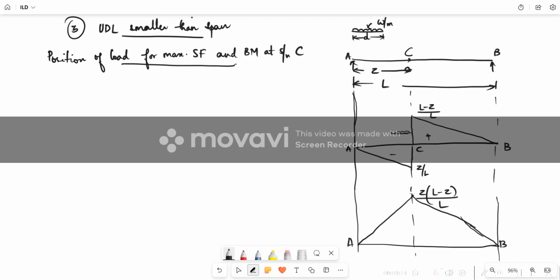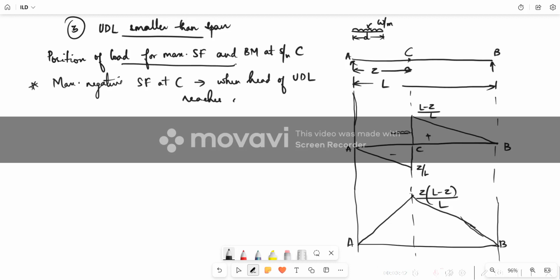So we can write: maximum negative shear force at C, we are discussing everything at a section, will develop when the head of the UDL reaches section C. It does not cross.